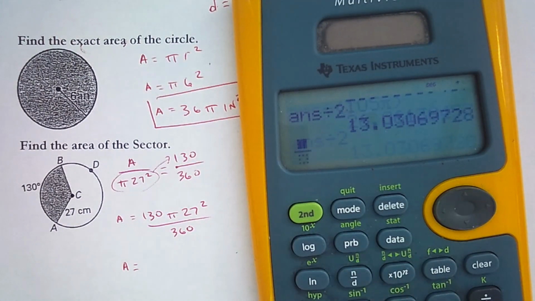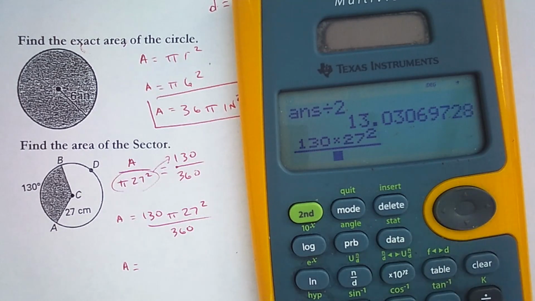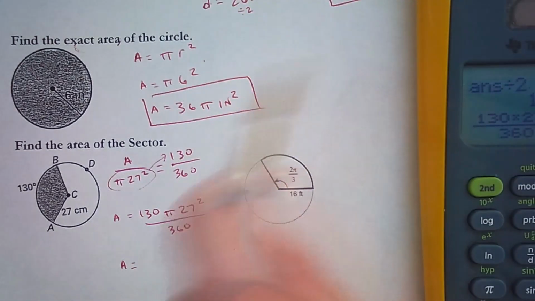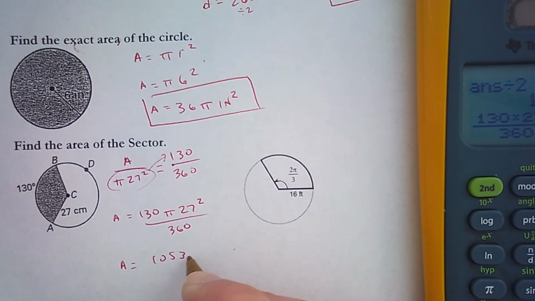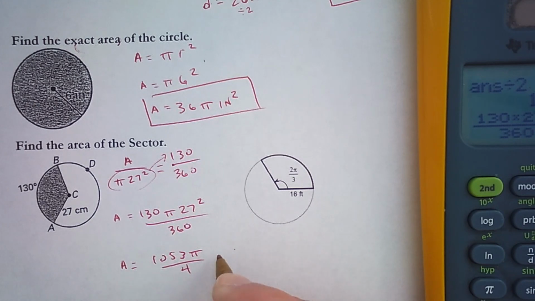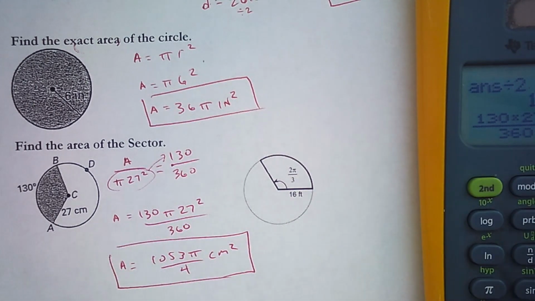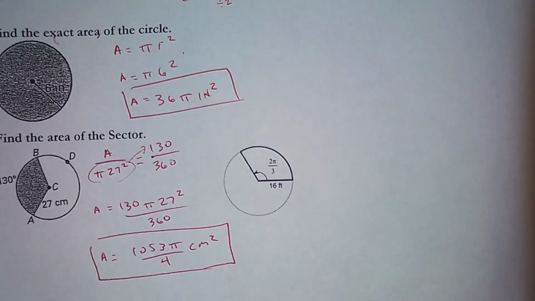So we have in a fraction 130 times 27 squared over 360. That is 1053 over 4. So it's 1053 pi over 4 centimeters squared. That is the exact area.